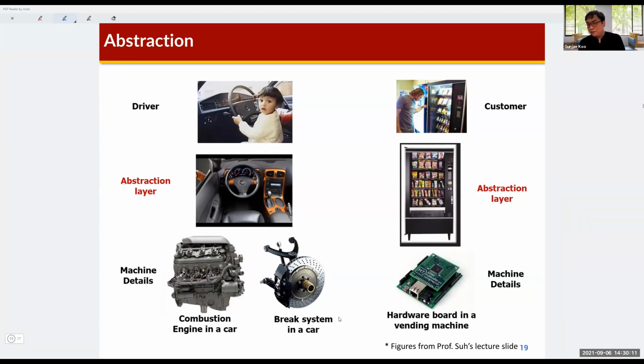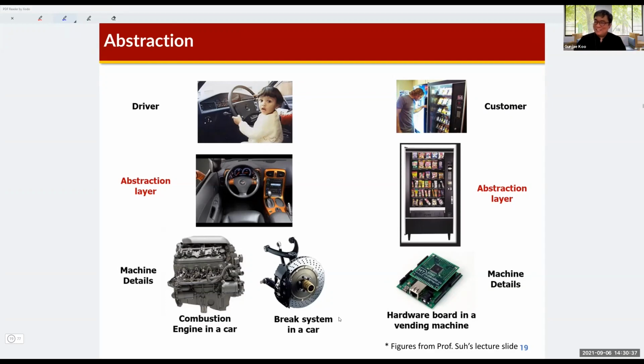So what is the abstraction? Just ignore the complex things and understand the minimum amount of knowledge which is required for doing something or learning some systems. That is the definition of abstraction.